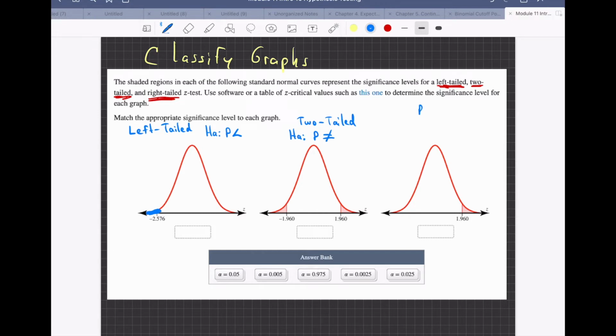And right tail, this is when the alternative is p greater than something. So in this case, again, I will explain this better when we see the examples.